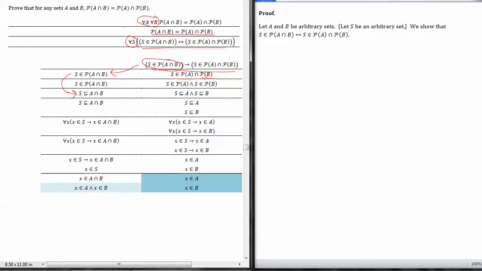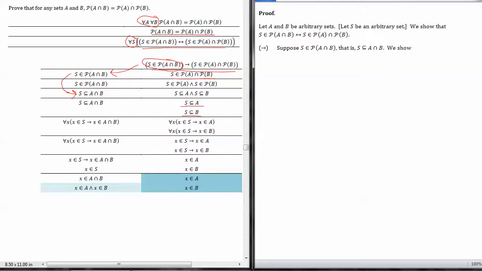If S is in these two power sets, then it's in the intersection, then it's in both power sets, and so in particular, S is a subset of A and S is a subset of B. So let's, first of all, put a little forwards arrow in parentheses to indicate that we're going to prove that direction first. And then we can say, suppose S is in the power set of A intersect B, which remember means that S is a subset of A intersect B.